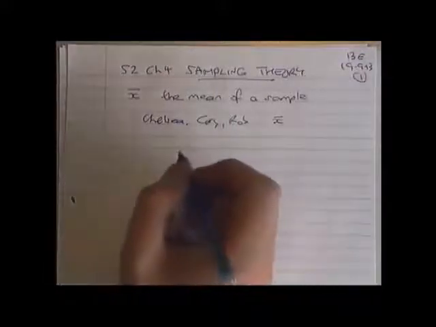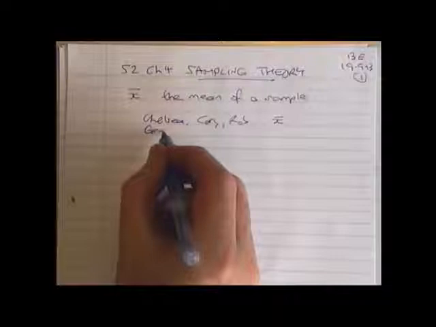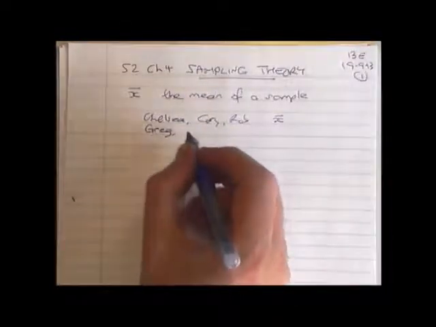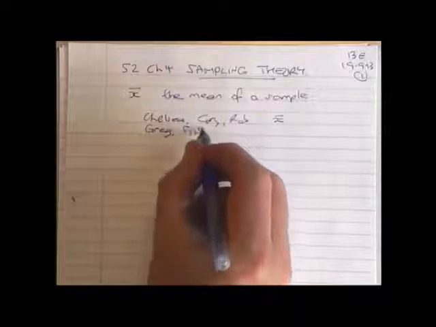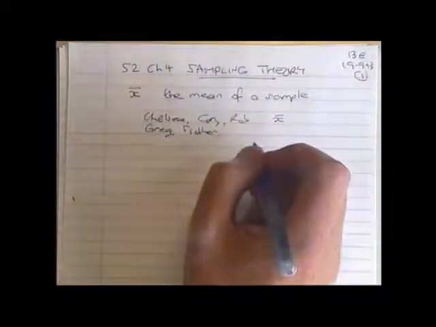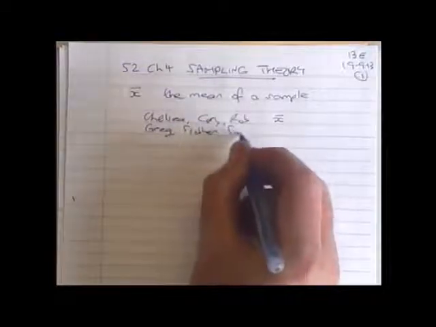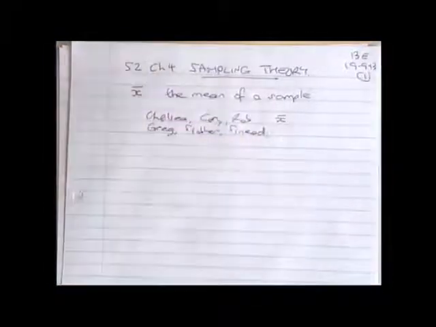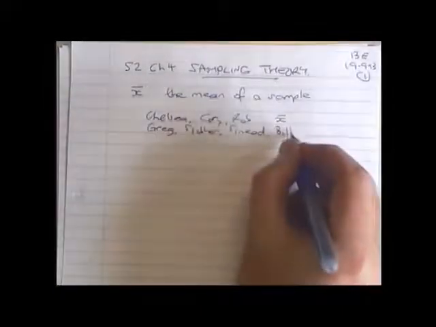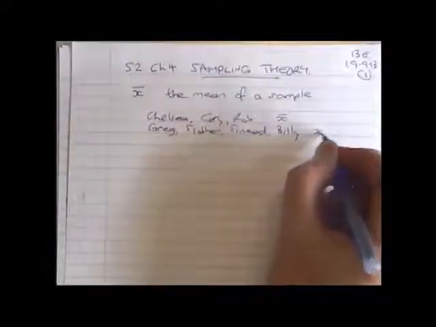However, if I had chosen different people, if I had chosen Greg, if I had chosen Siobhan, if I had chosen Sinead and Siobhan, and if I had chosen Billy, I would have got a different sample mean.